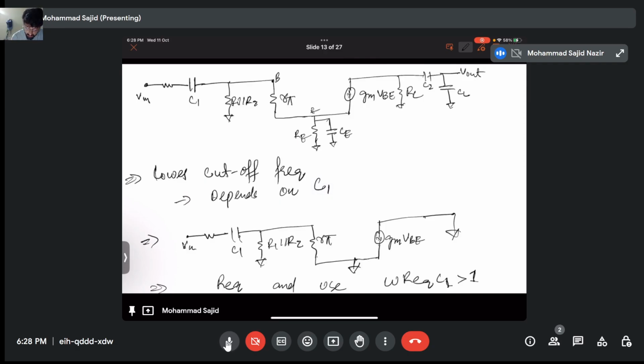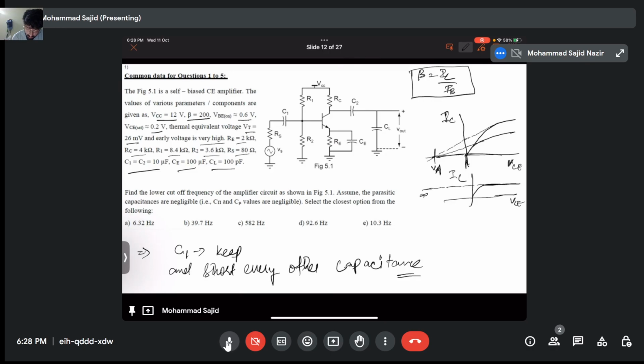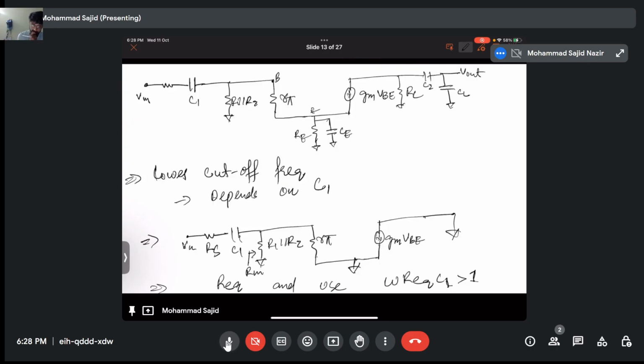So for that we will need to calculate this resistance, let's call it R input. So this is our RS series.